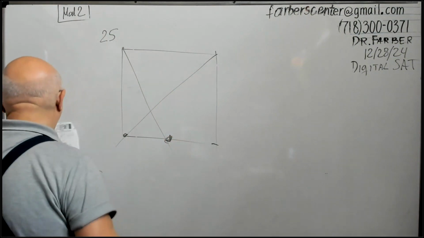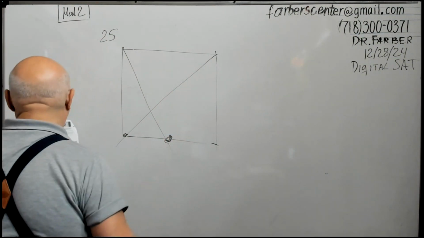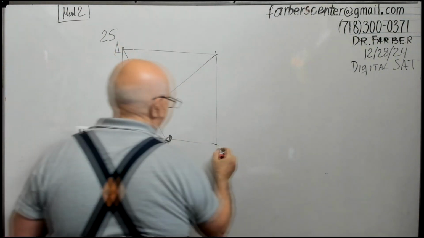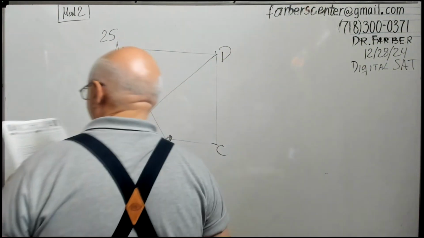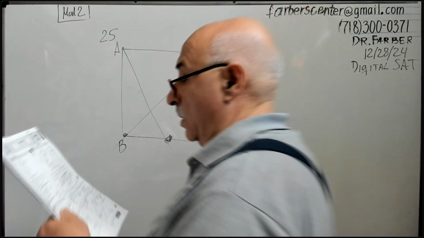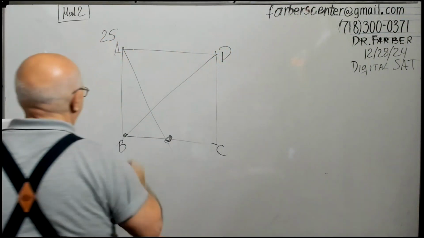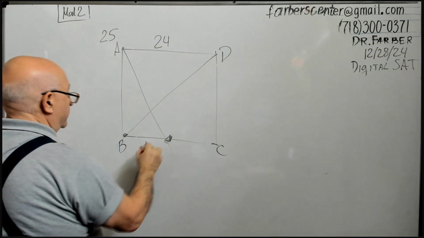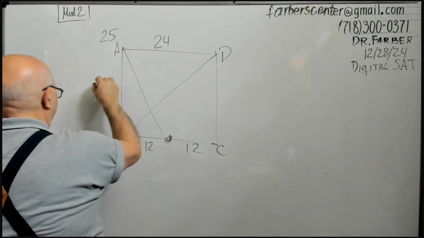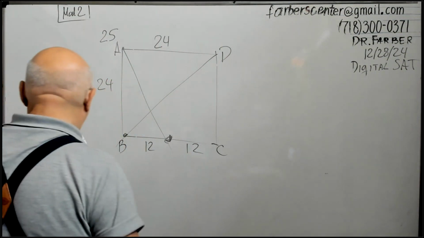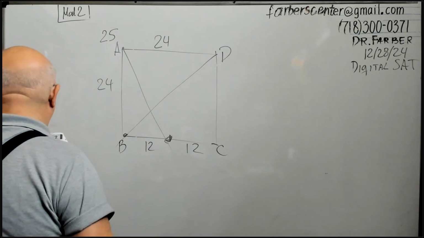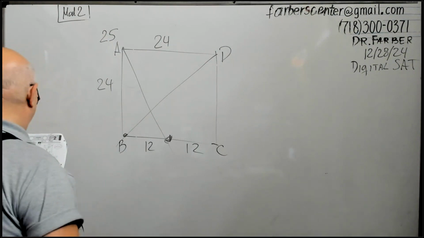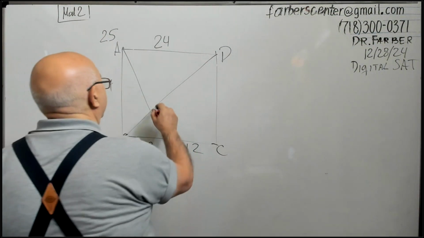Then this midpoint. Then there's A, B, C, D. AB equals 24. And since this is the midpoint, this is 12 and 12. And this is 24, this is a square. What is the length of DF? Where is this DF? This F.